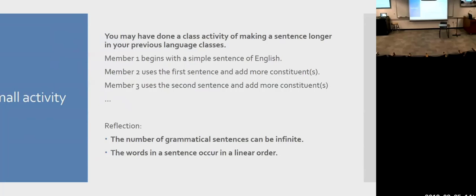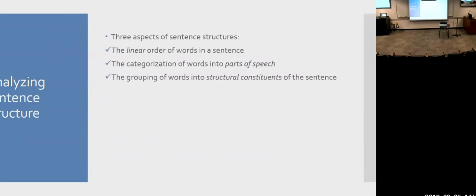Good. Now, let us talk about sentence structure further. If we need to analyze the sentence structure, we need to consider three aspects. First of all, the linear order of the words in a sentence. Actually, we discussed this already in our small activity.